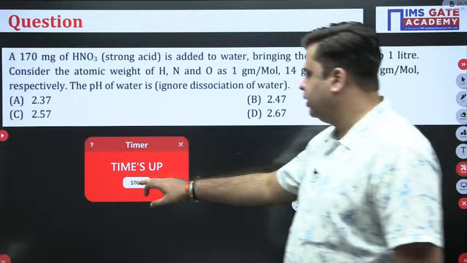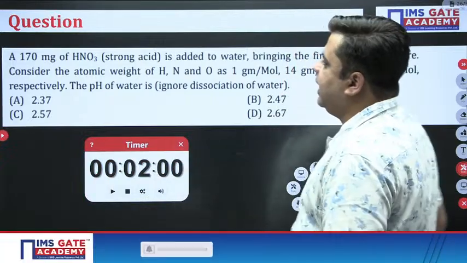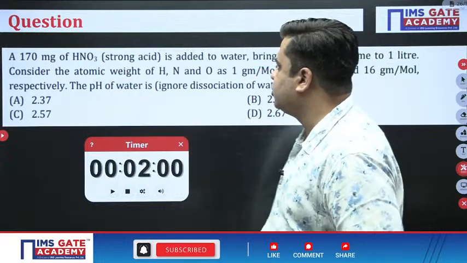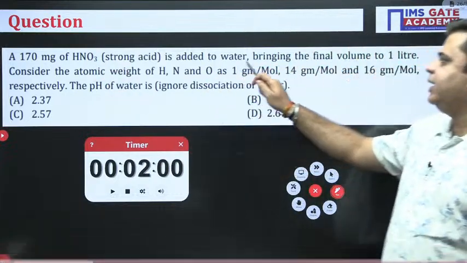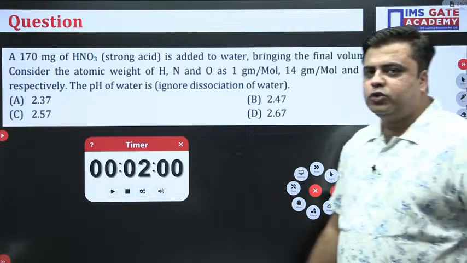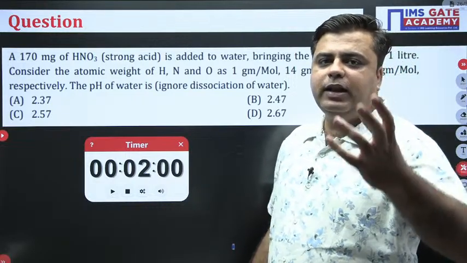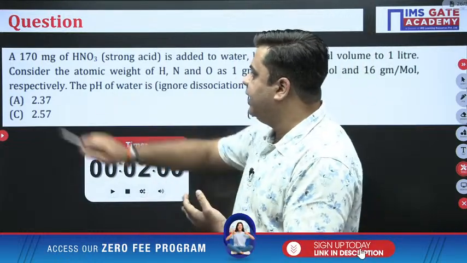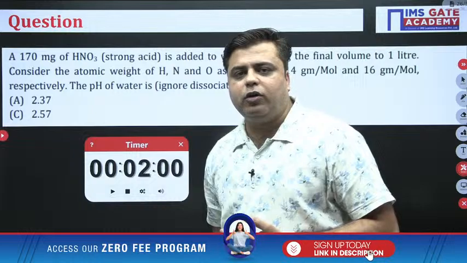Go ahead. The question says that 170 milligram of HNO3, a strong acid, is added in water, bringing the final volume to 1 liter. So in simple words, in 1 liter of water you are adding 170 milligram of HNO3.